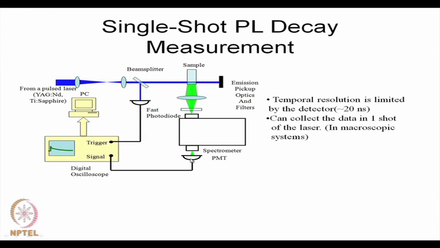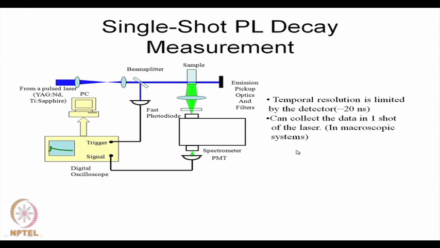If any signal is coming out of the PMT, the digital oscilloscope digitizes that signal and shows it on its display. So, it is a typical luminescence decay profile.